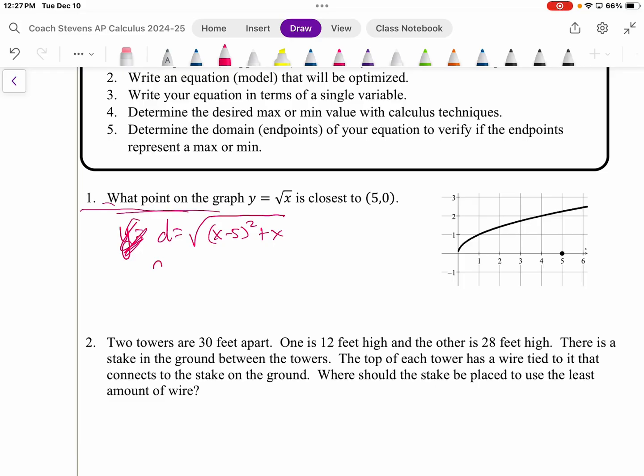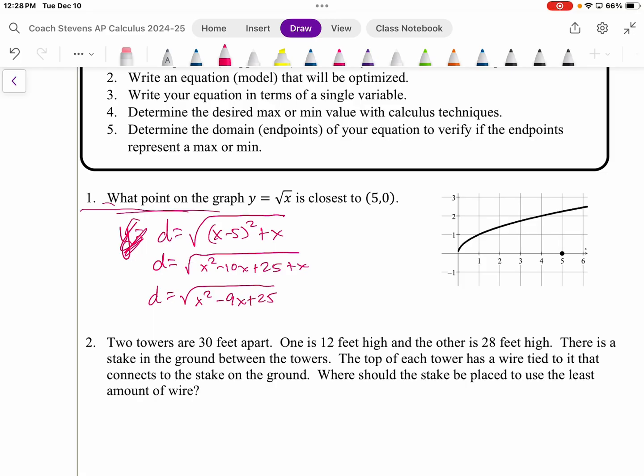So I'm going to rewrite this as d equals the square root of x squared minus 10x plus 25 plus x. So now I have d equals the square root of x squared minus 9x plus 25.